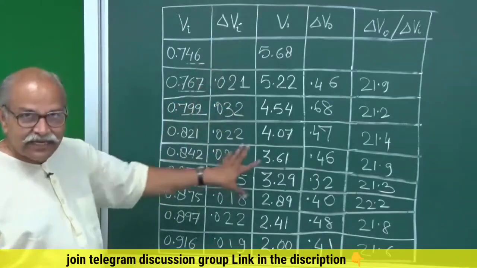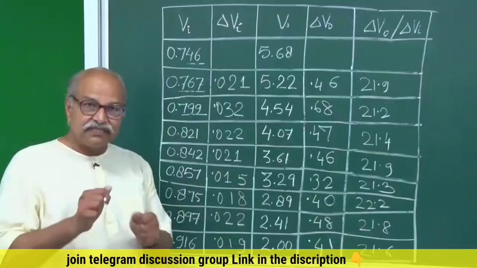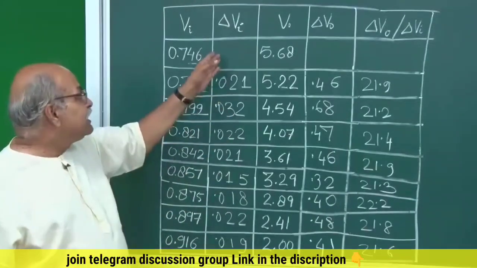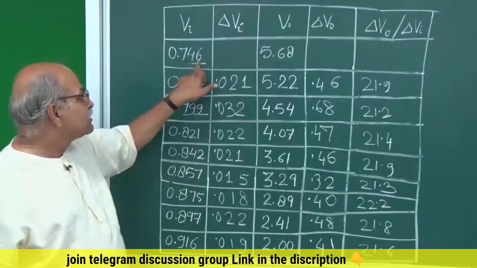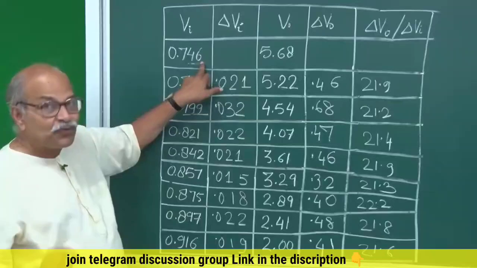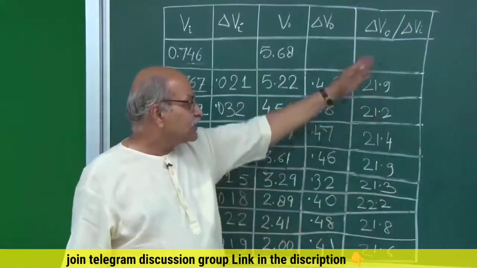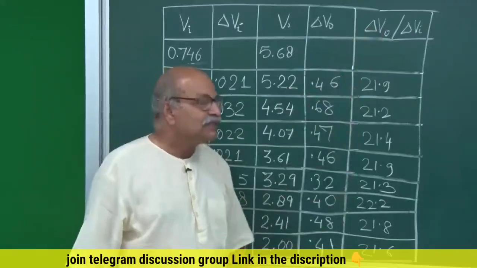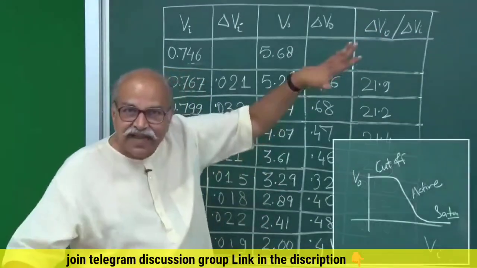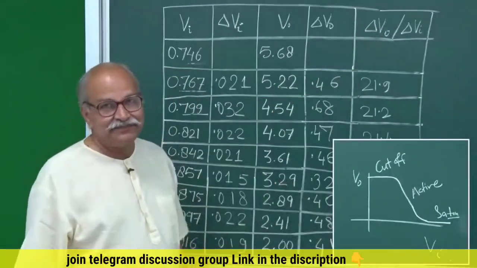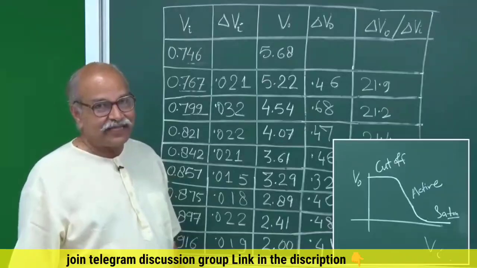When I am reading from the multimeter, this last digit is always a doubtful digit. Still, there is an excellent constancy of this ratio, and you have a really flat region in that VO-VI diagram.